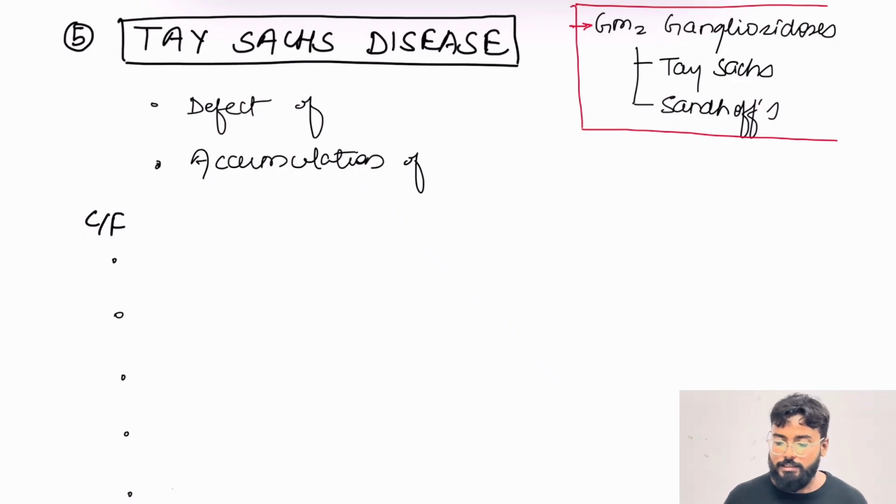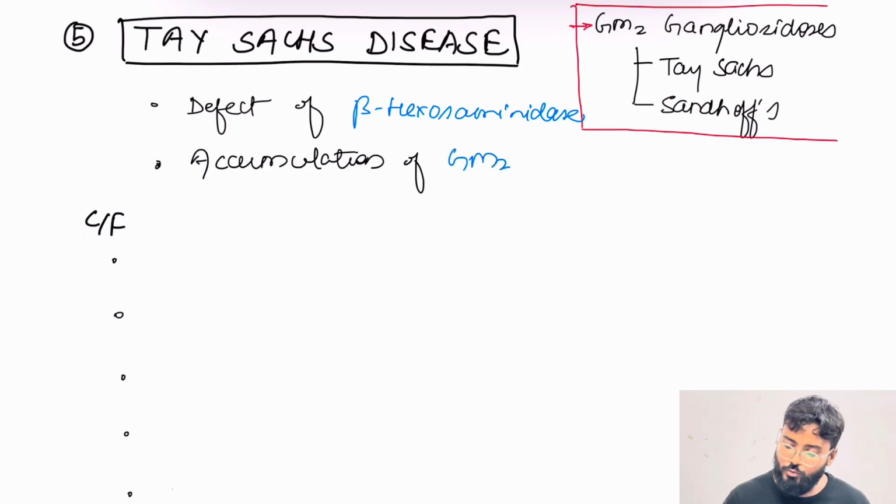Now Tay-Sachs, there the defect in the enzyme is your beta hexosaminidase, and the accumulation of GM2 gangliosides is seen.